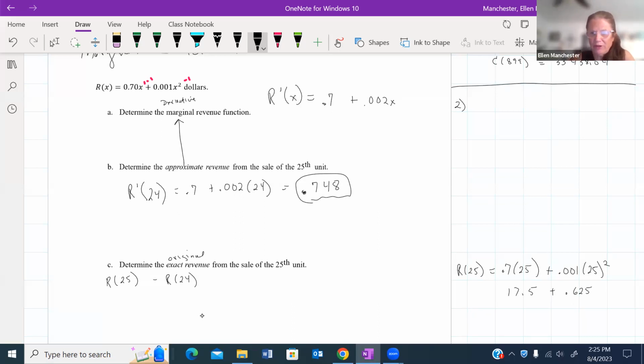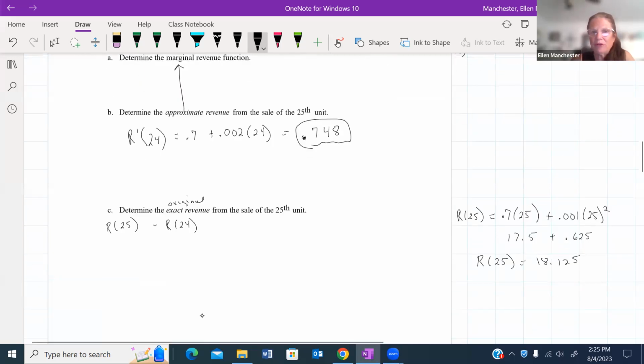So 17.5 plus 0.625. So what the revenue is total when I have 25 products is 18.125. And then my revenue at 24. So revenue at 25 is 18.125.